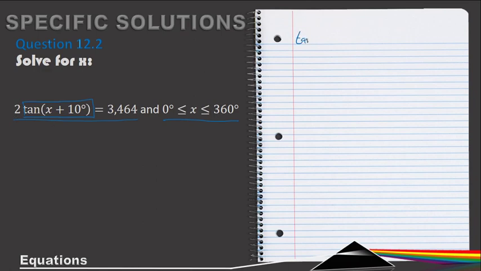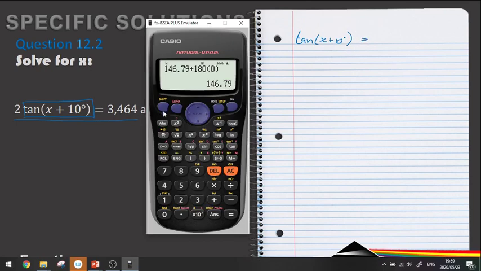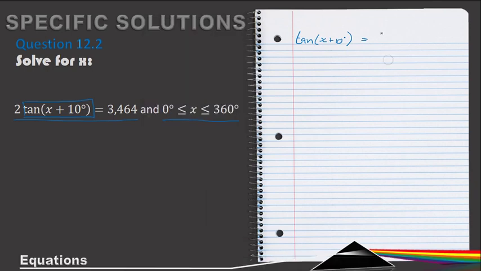So tan(x plus 10 degrees) is equal to 3,464 divided by 2, and that gives me 1,732.